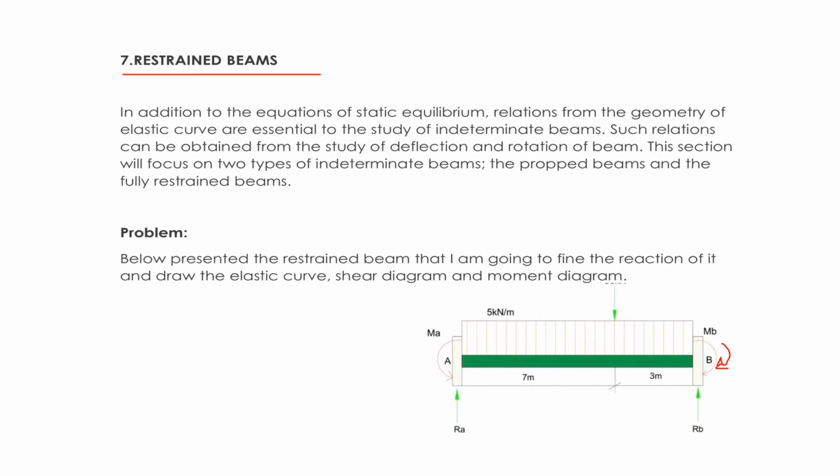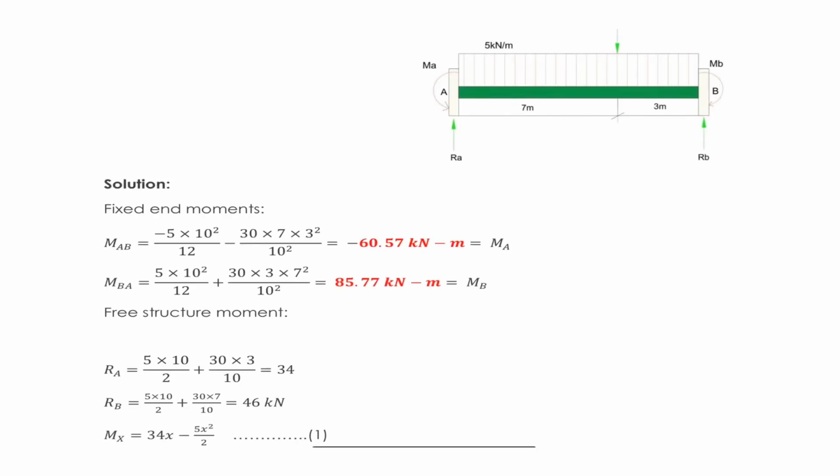So fixed end moment from A to B, I have to find the moment: negative 5 times 10, 7 plus 3 tenths square over 12 negative 30. It should be 30 kilonewton. Times 3, it's times 7 square over 10 square. So we come up with 85.77 kilonewton meter at moment B.